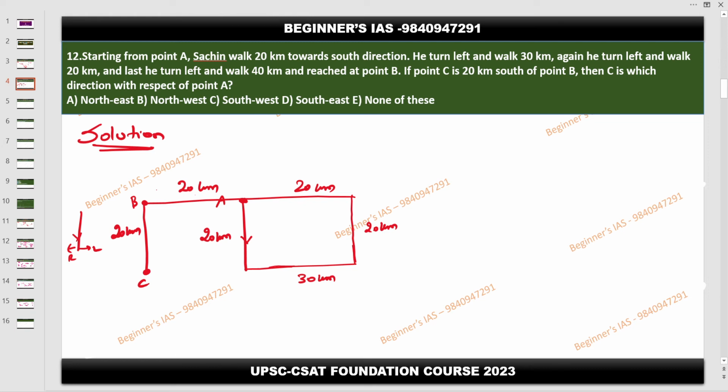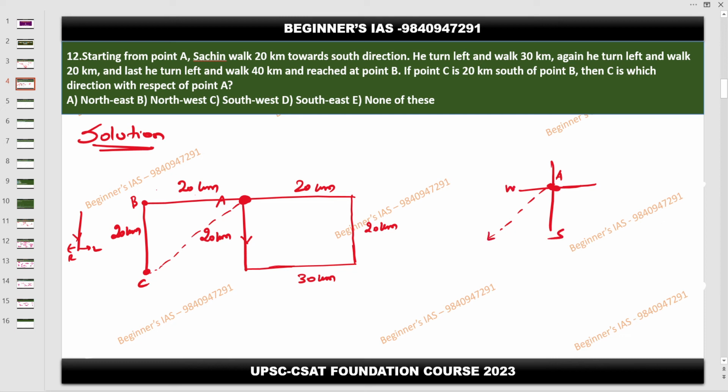Then C is which direction with respect to the point of A? Listen. The reference is going to be the point of A. C is which direction with respect to point of A? Make it like this. So this is going to be the west. This is going to be the south.